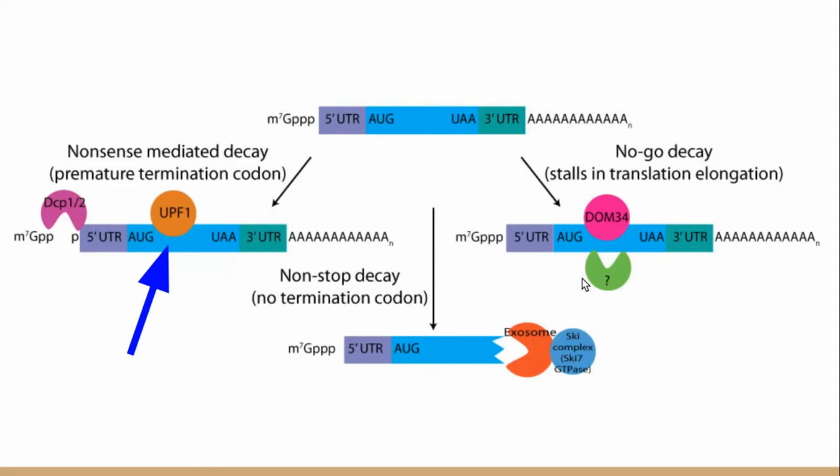So it's a fairly complex process, but basically, if the components of the ribosome dissociate while UPF1 is still bound to an exon junction protein, it activates UPF1 and it initiates decapping and mRNA decay.